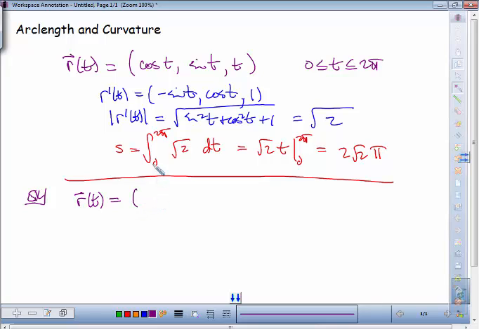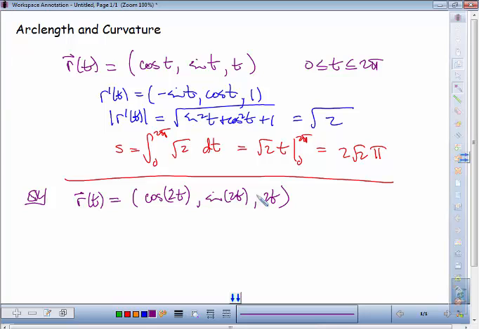It'll be set up kind of close to the same way here, but I'm going to change the t's into 2t's.